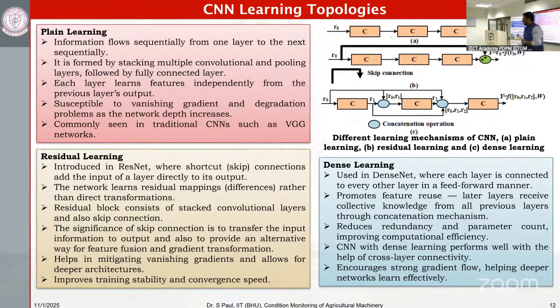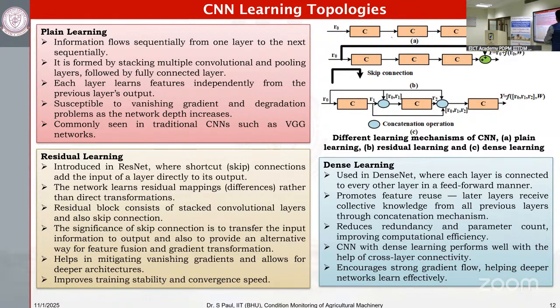So here comes the next generation learning, which is called residual learning. What does residual learning do? Obviously, you cannot do everything with the initial input. You do the convolution operation, and after some time you take the input again with the output value, so you modify your output with the input data again.